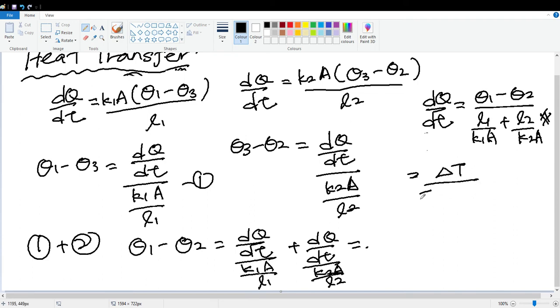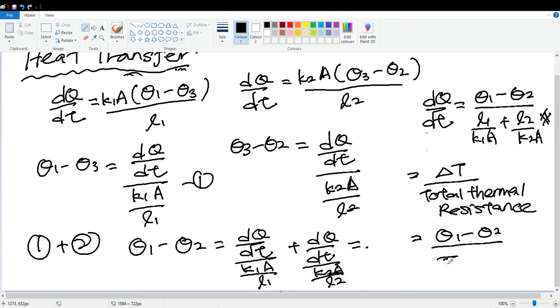total thermal resistance. So in the form of formula, theta 1 minus theta 2 is equal to the sum of the resistances, L1 over K1A, up to LN over KNA, starting with 1 and ending with N, let's say.